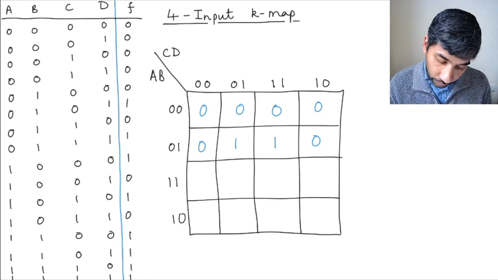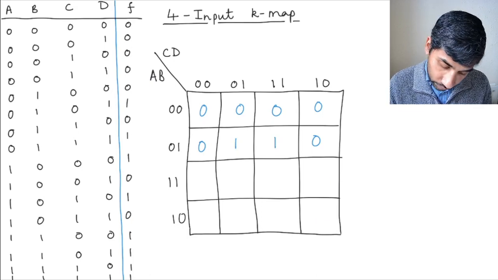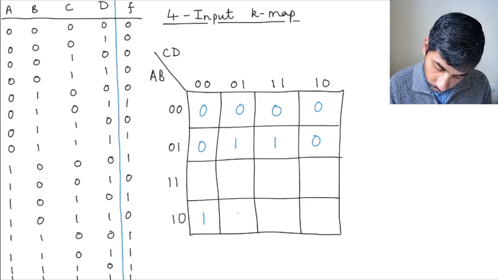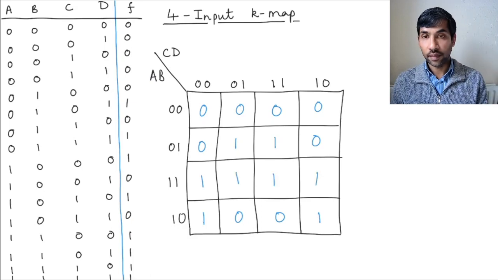Okay, now this is 1 0, and 1 0 is written on this row and not on this row. So I need to write it here, and I write 1 0 1 0, and then 1 1 is all our ones. Okay, so that's my K map.